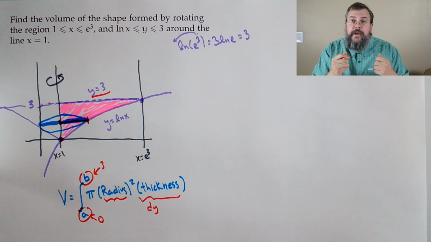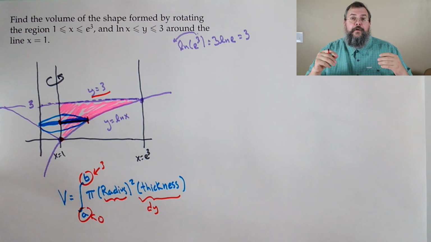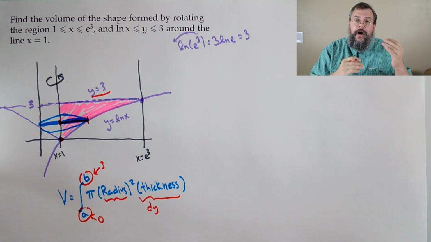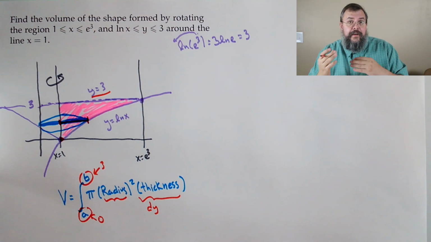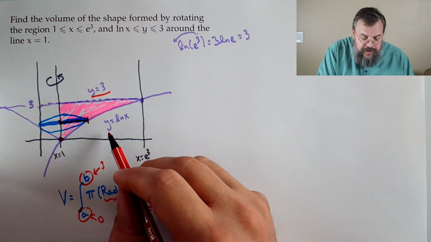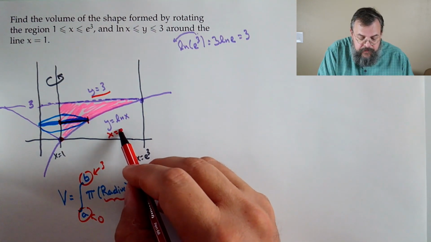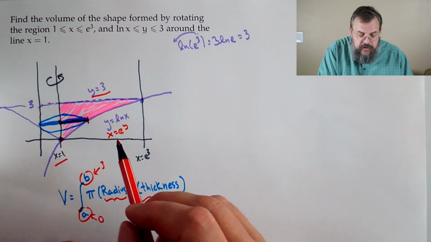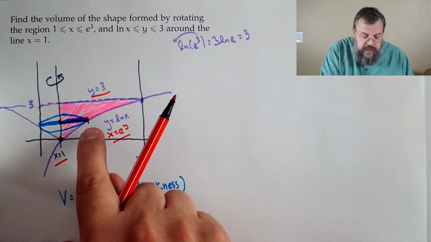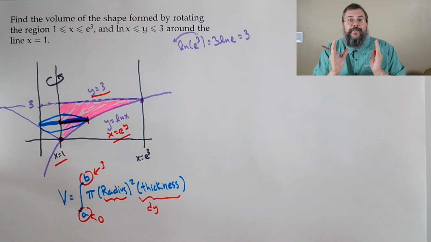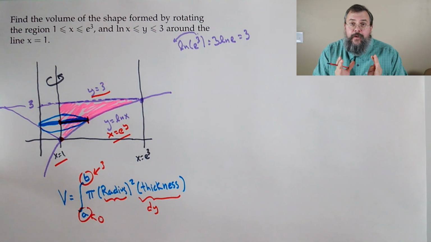Okay, so how do we get to x in terms of y? What we do is find a way to do sort of an inverse. If y equals natural log of x, x is e to the y. So I say, all right, so I'm going to go from these two locations. I have the e to the y and 1. All right, so our radius is between e to the y and 1.